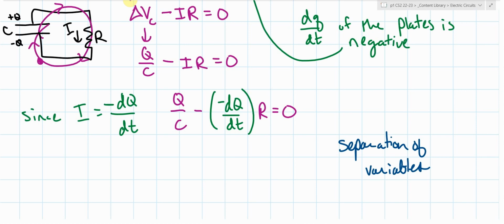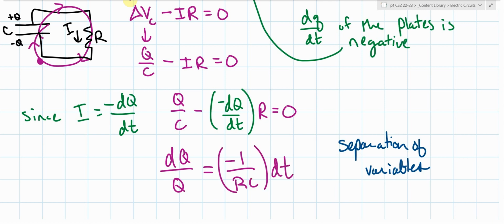This Q and this dQ need to both end up on one side together, and everything else should be on the other side. If you do that, that's algebra, you guys can figure that out. You end up with dQ over Q on one side and negative 1 over RC times dt on the other side.